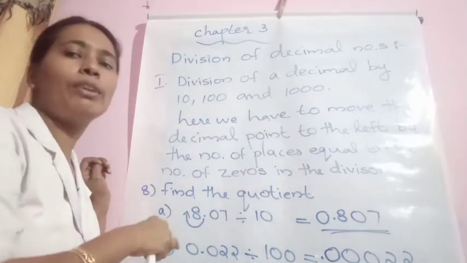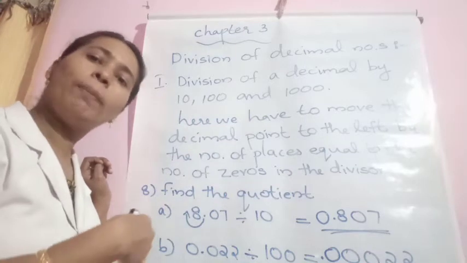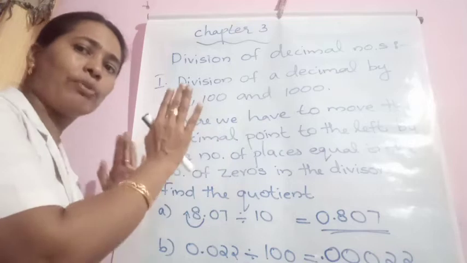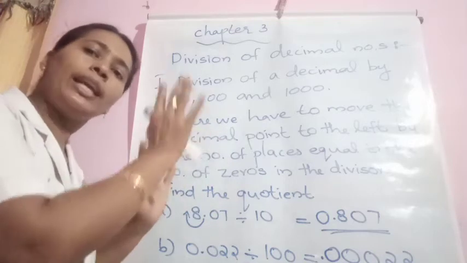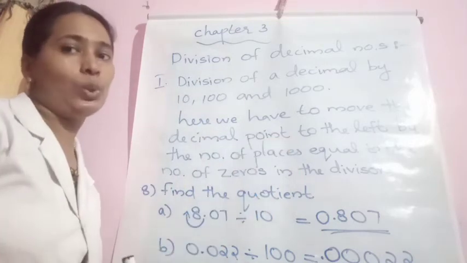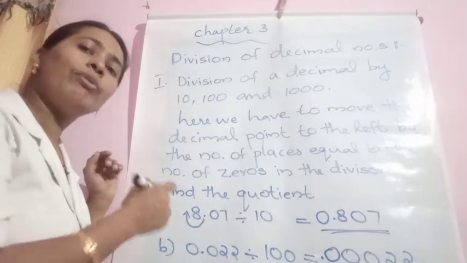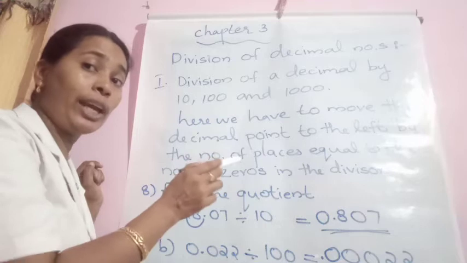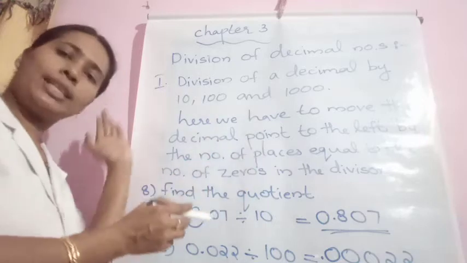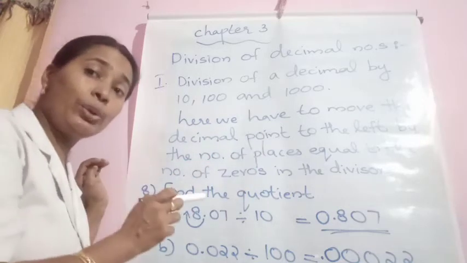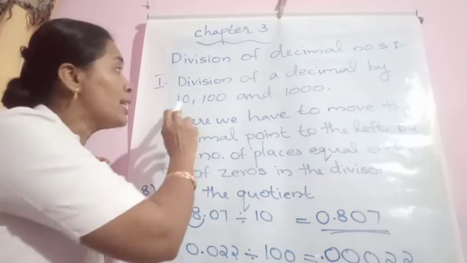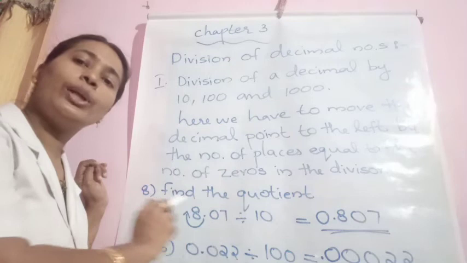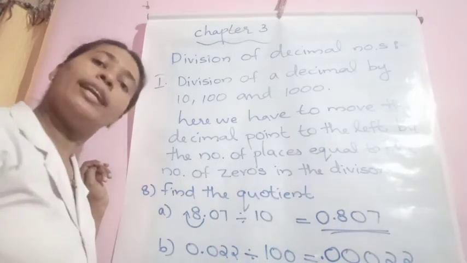But in case of division, what do we have to do? Just the opposite. The number is the same itself after the division. Only the decimal point changes. And where do we want to move? We have to move the decimal point to the left side according to the number of zeros in the divisor.